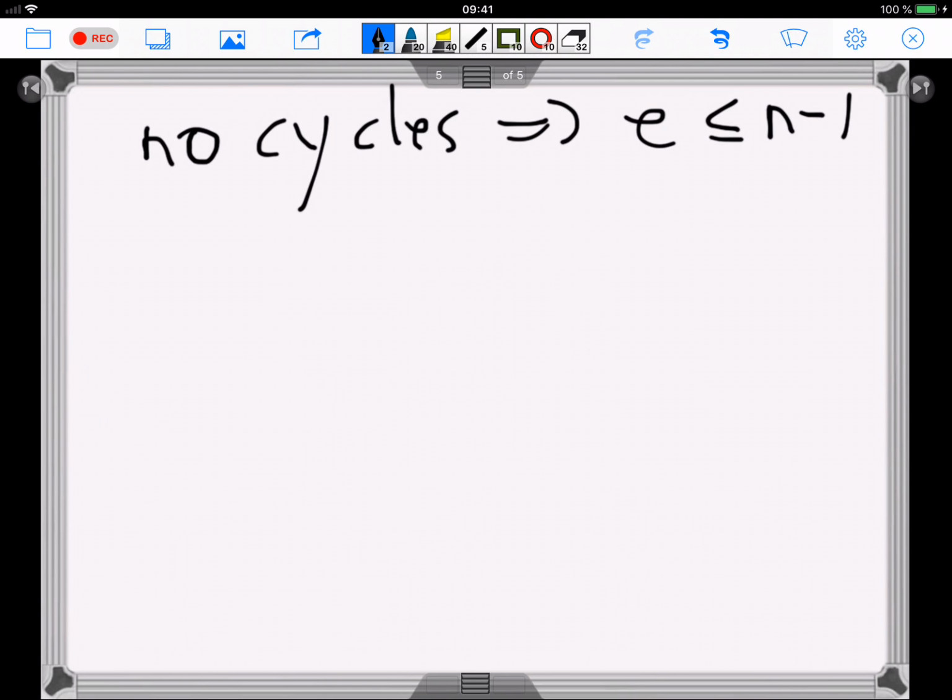That is what we want to prove. We are going to do this by induction on the number of vertices of the tree. We are going to start with the simplest case. We are going to suppose that the theorem is true for graphs with up to n minus 1 vertices, and then we are going to prove it for n vertices.